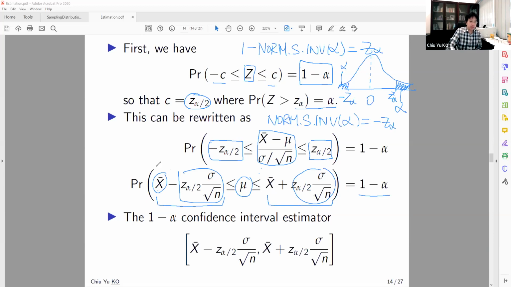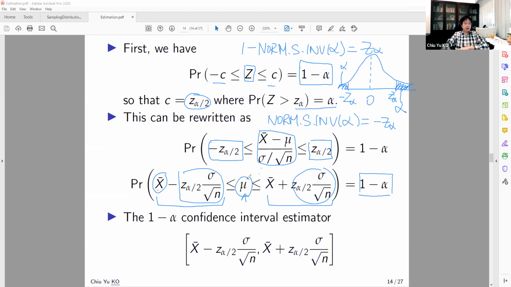We must be very careful about the probability statement. The probability statement is about the x bar. Mu, the population mean, is not probabilistic. The random variable is always the x bar. It says that the probability that x bar minus this and x bar plus this will include mu is this probability.